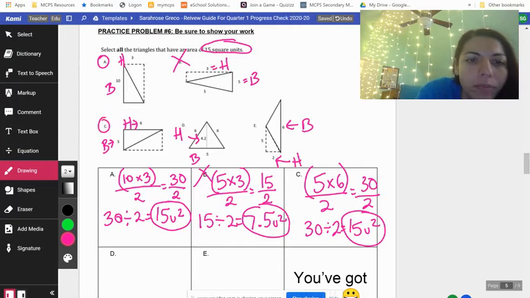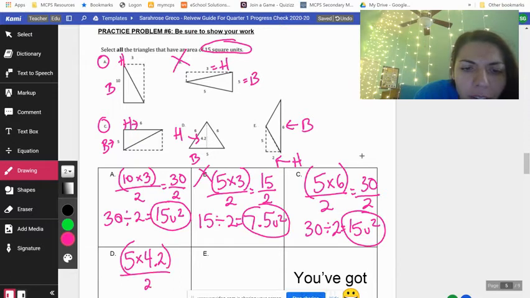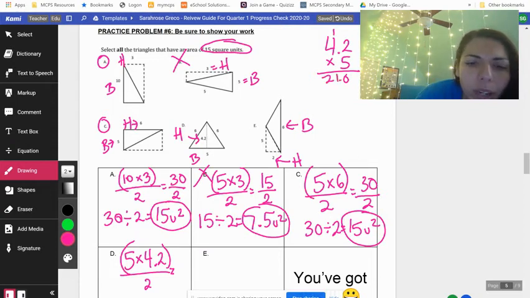C works. Okay, for letter D, my base was 5 times 4.2 divided by 2. 5 times 4.2. So I'm going to multiply those. 21. That's just not going to work. 21 divided by 2.